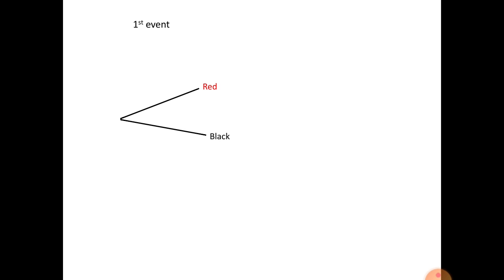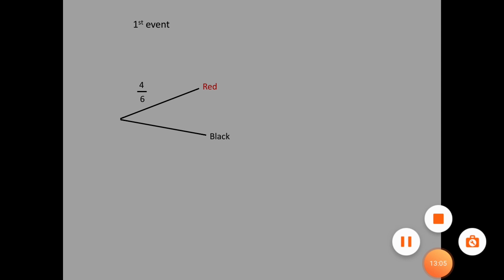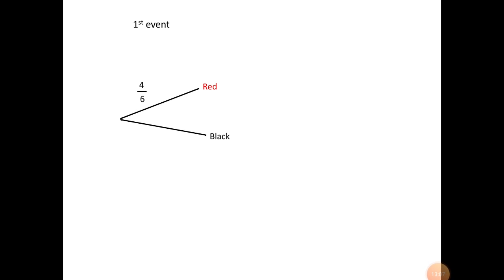For the red, you will have 4 over 6, because the first time there are 6 pencils altogether, 4 red pencils, and 2 black pencils out of 6 total pencils.